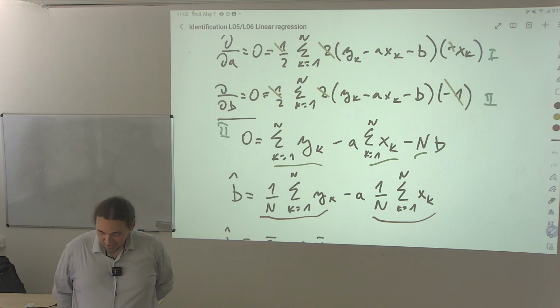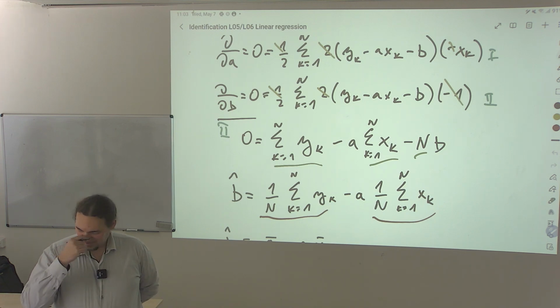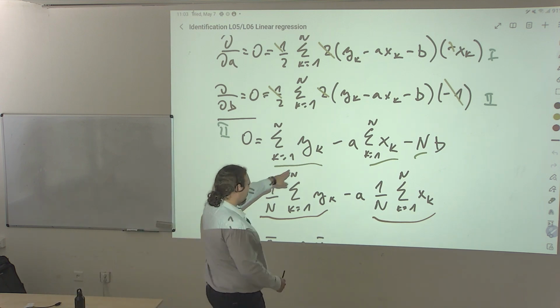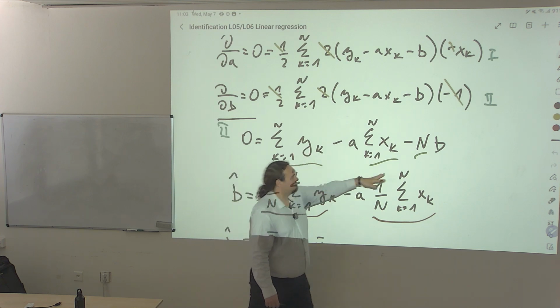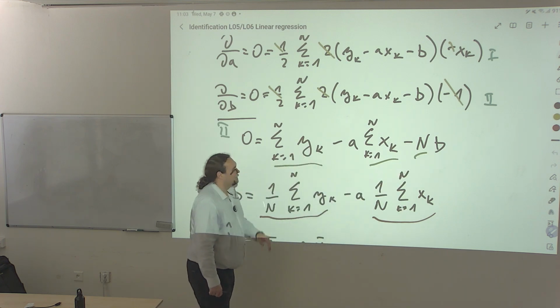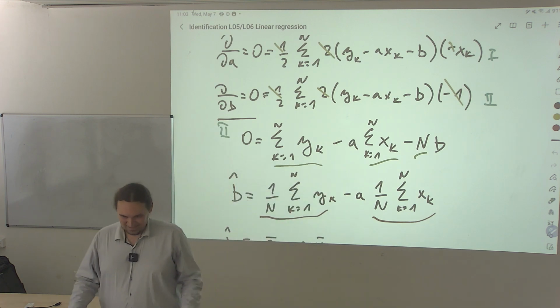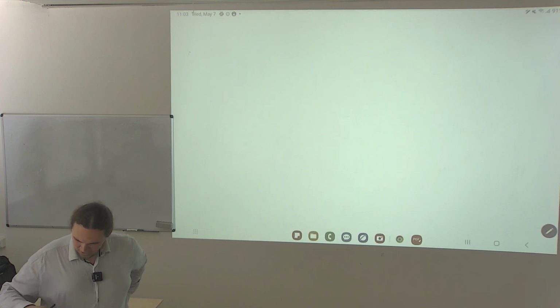So, yeah, a will be equal to the first part. Well, sum of y's, right? Divided by the sum. Sum of y divided by sum of x's, yeah? Okay, good.